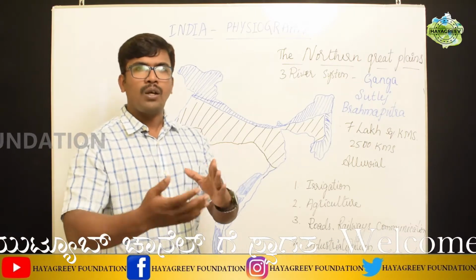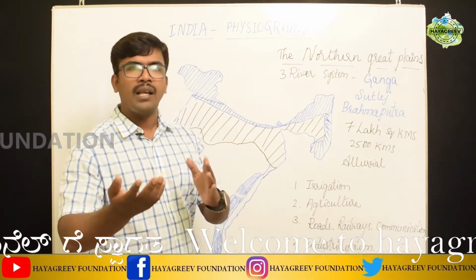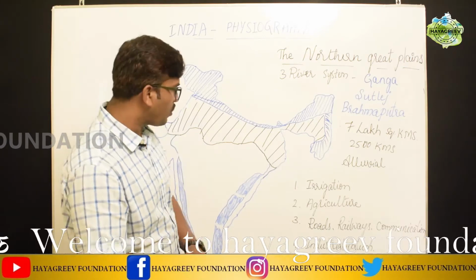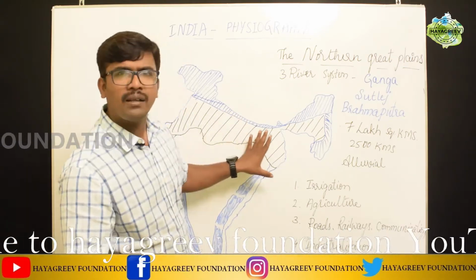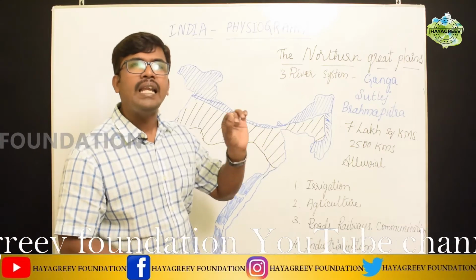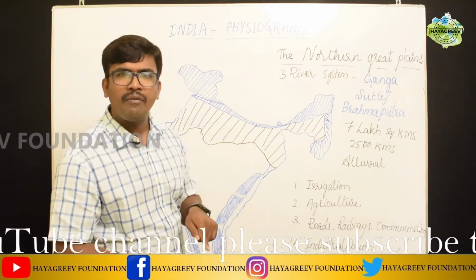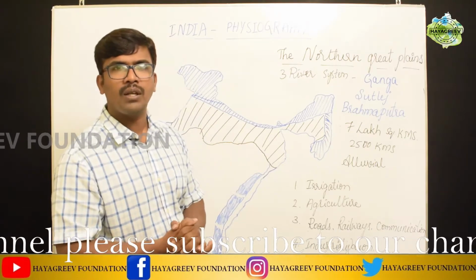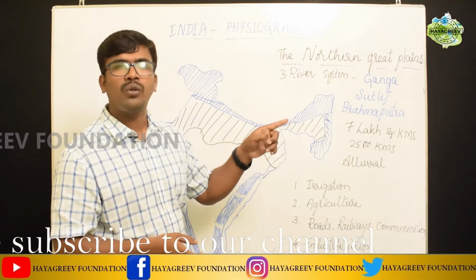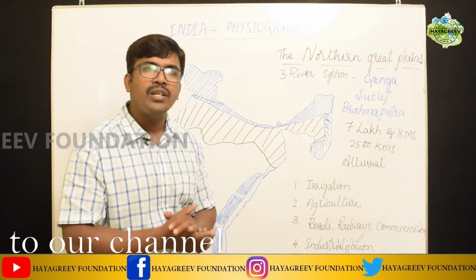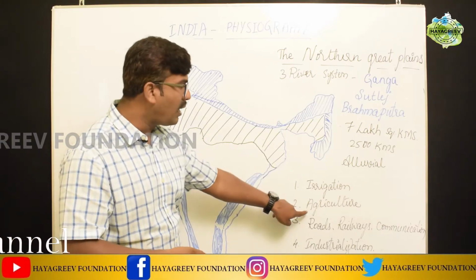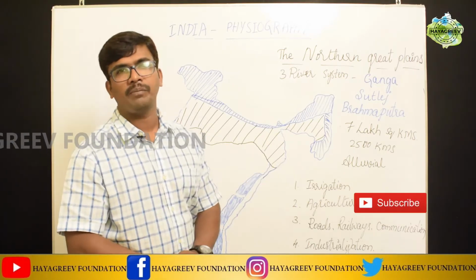To support this statement, I can give some more points. This land has complete irrigation facilities. As I told, this region has many perennial rivers, so irrigation is possible throughout the year. As irrigation is possible throughout the year, agriculture has developed very well.